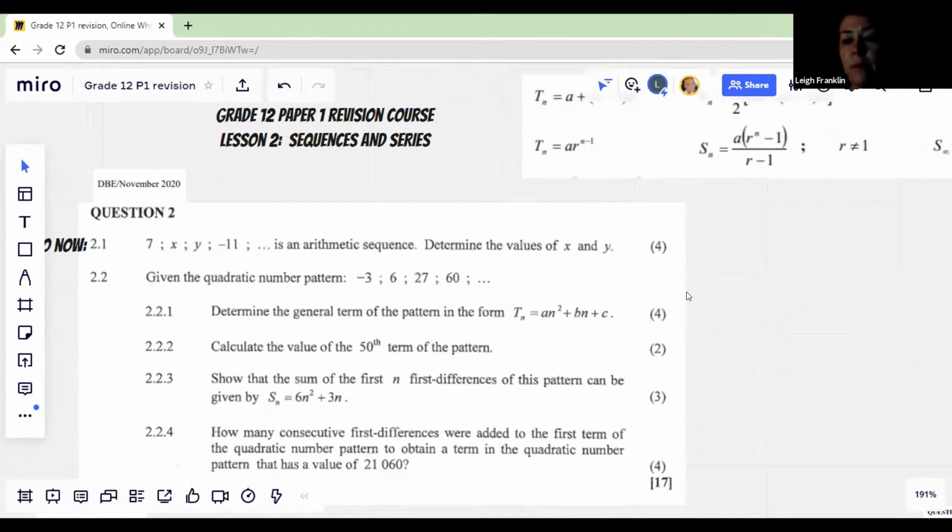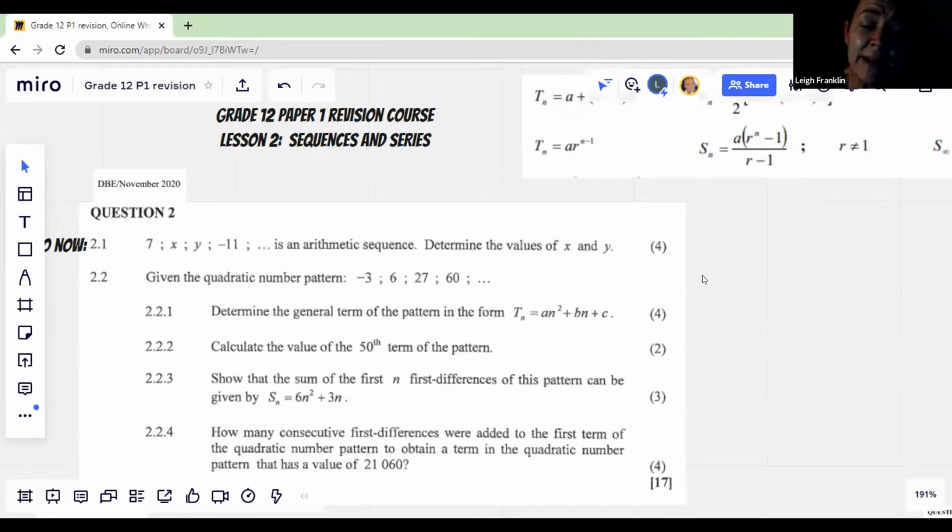Because this would be to find the difference. For example, say X minus 7? The difference between 7 and X.